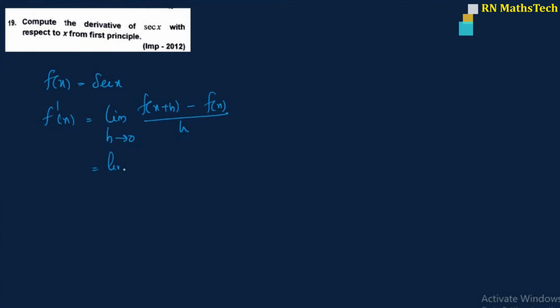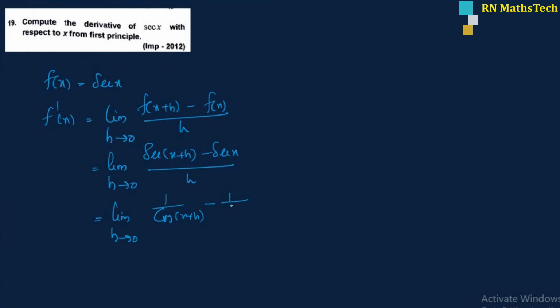Next, the derivative of sec x from first principle. F of x is equal to sec x. F dash of x is equal to limit h tends to 0 f of x plus h minus f of x divided by h, that is equal to limit h tends to 0 sec of x plus h minus sec x divided by h, equal to limit h tends to 0 1 by cos of x plus h minus 1 by cos x into 1 by h.